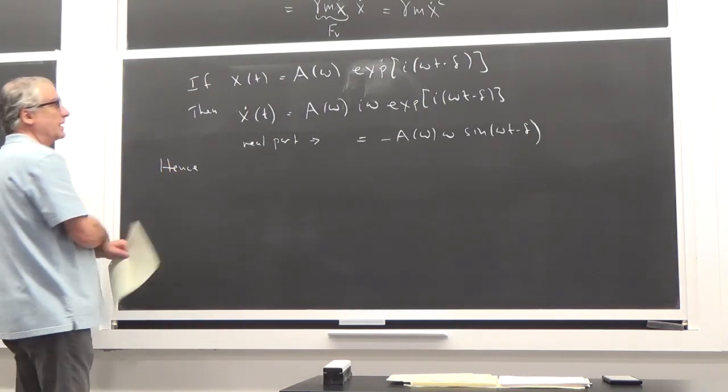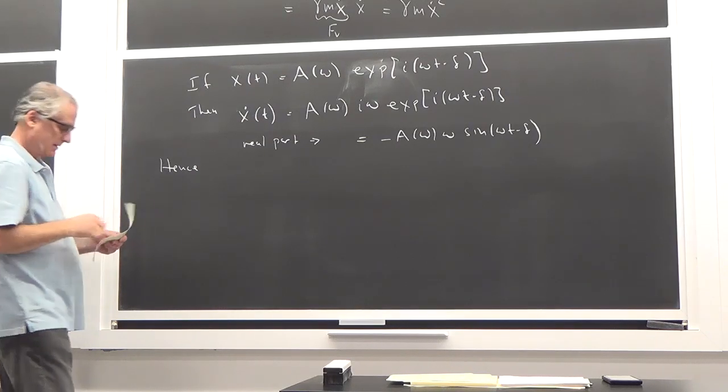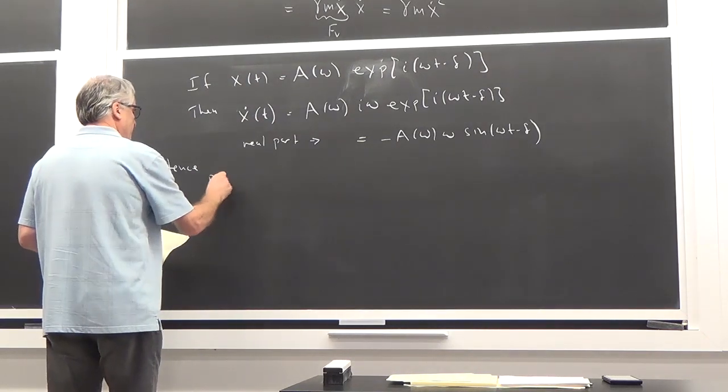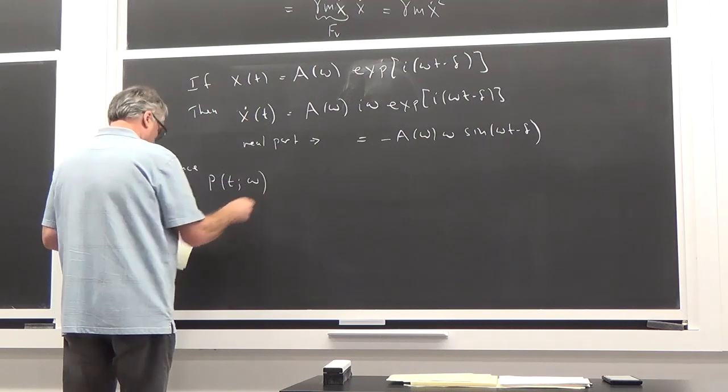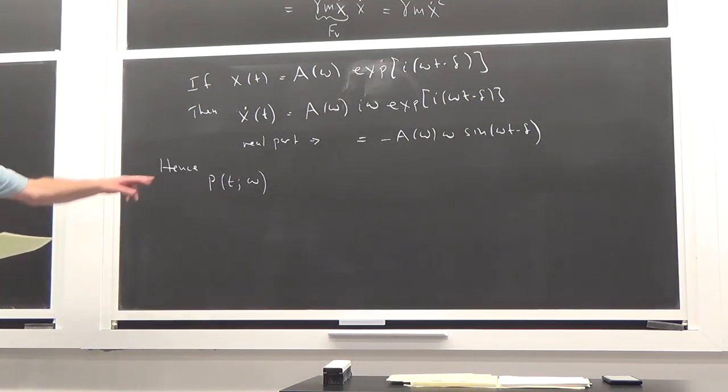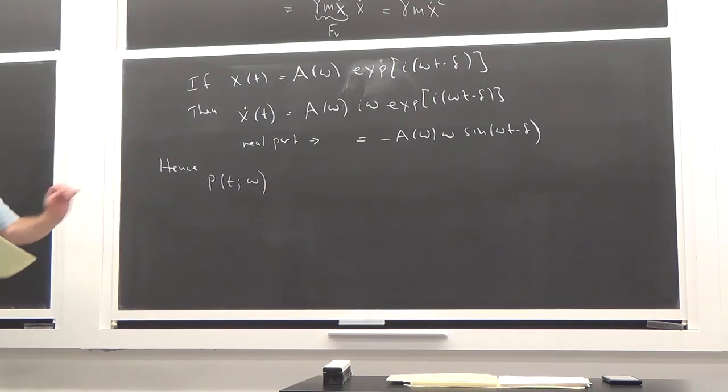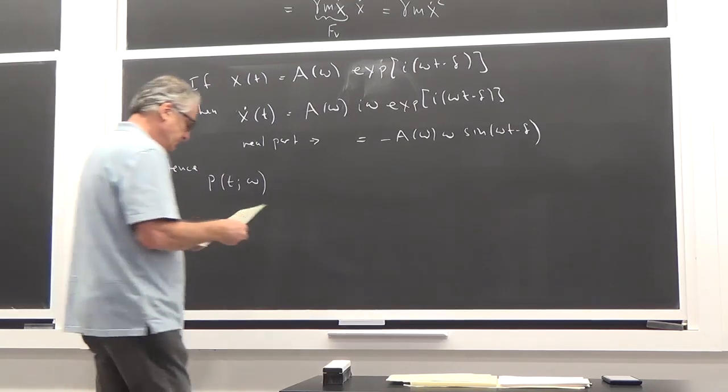So I have x dot, I can calculate the power now. All right. E of t. I'll keep in mind that it's at frequency omega. So the power that's getting dissipated is going to be a function of frequency. So let me keep that in there.